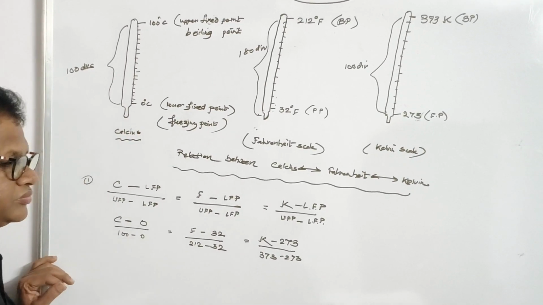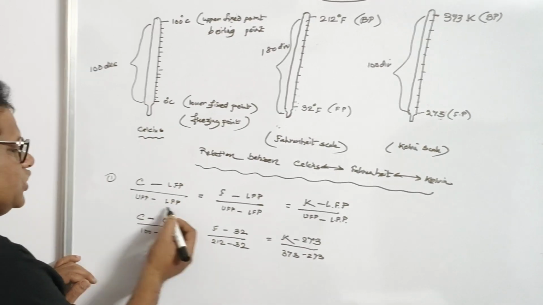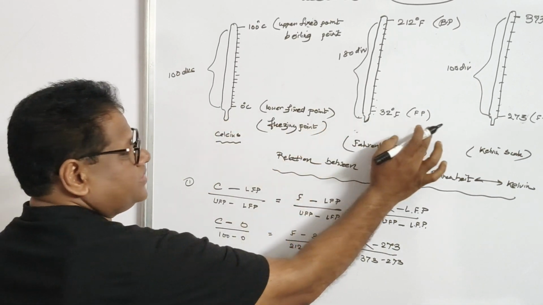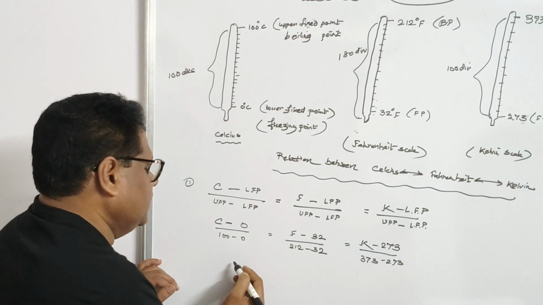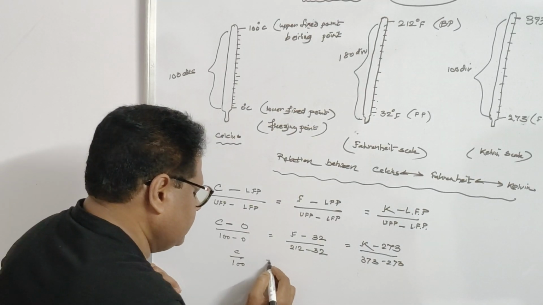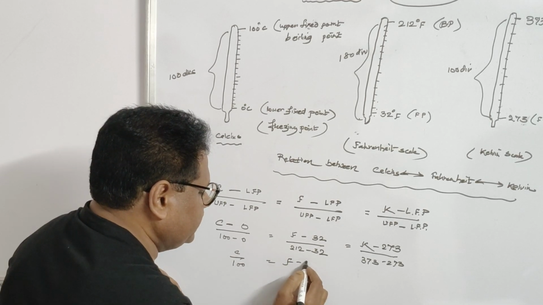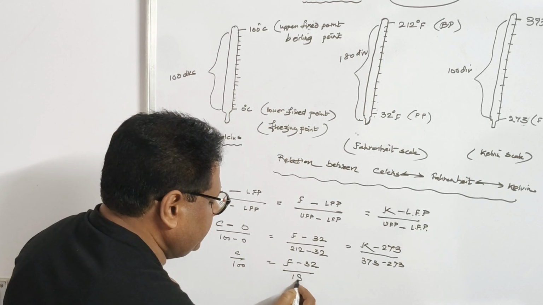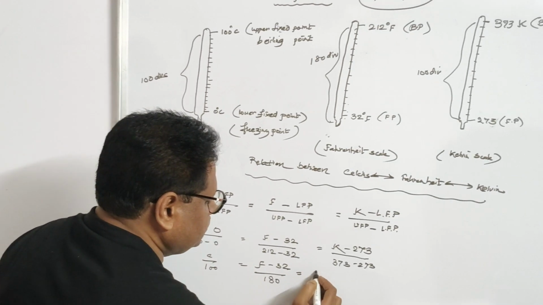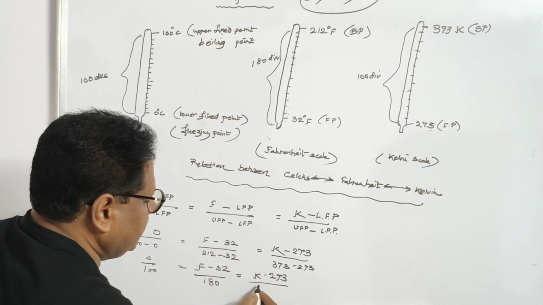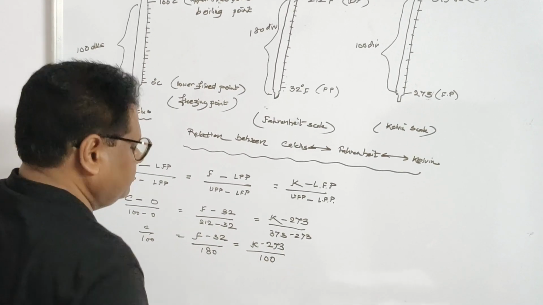We have just used the values of lower fixed point and upper fixed point from the concerned scales. Now this can be simplified as C by 100 equals F minus 32 by 180 equals K minus 273 by 100.